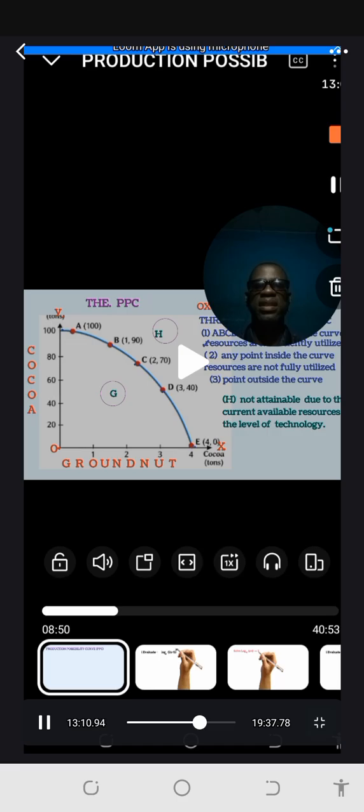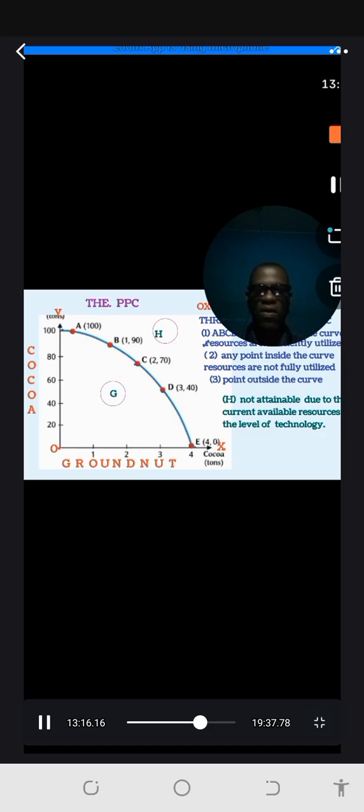Now let us take a look at some of the assumptions of the production possibility curve. The production possibility curve, or the production possibility frontier, or the transformation curve, has about 5 or 6 assumptions. One of the assumptions is that resources are fixed.